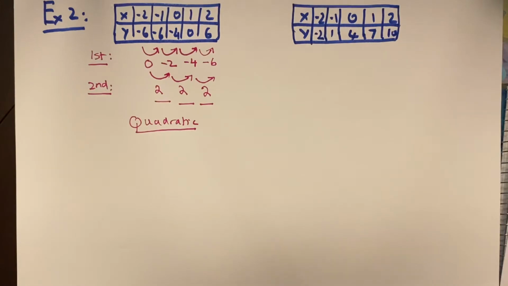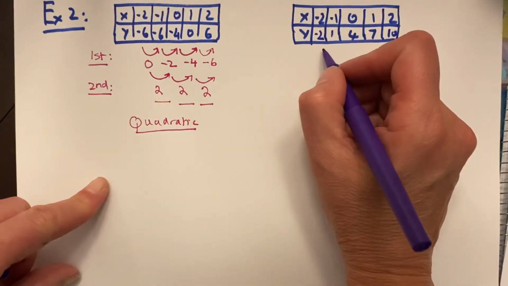So we can see again the x values go up by 1, but what's happening to the y values?